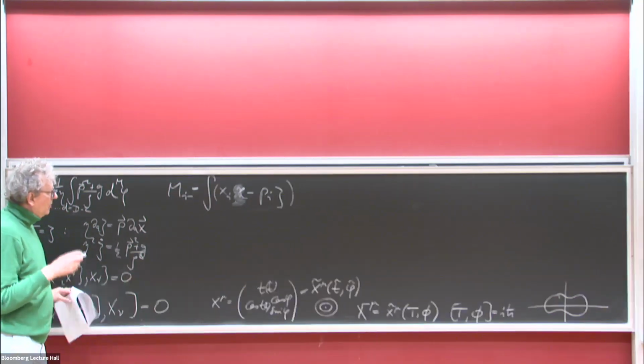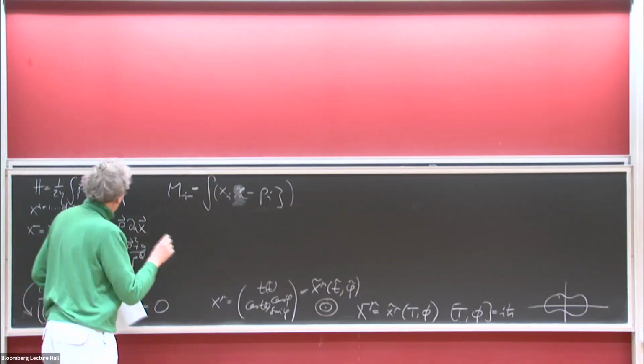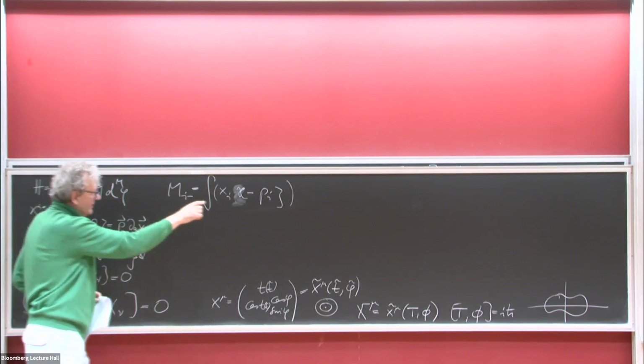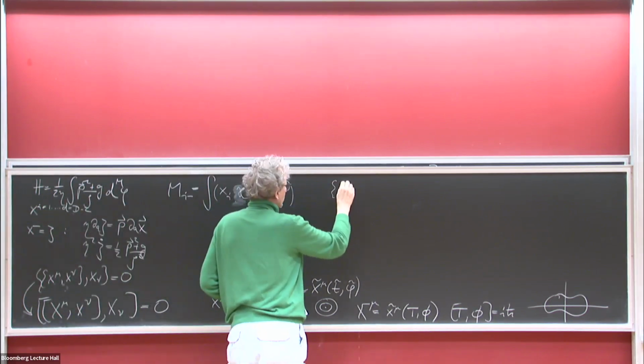Now, already classically, you have a phase space, x and p coordinates, and you have to show classically that they Poisson commute.